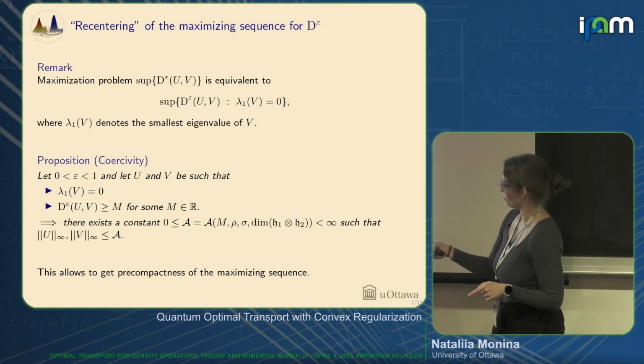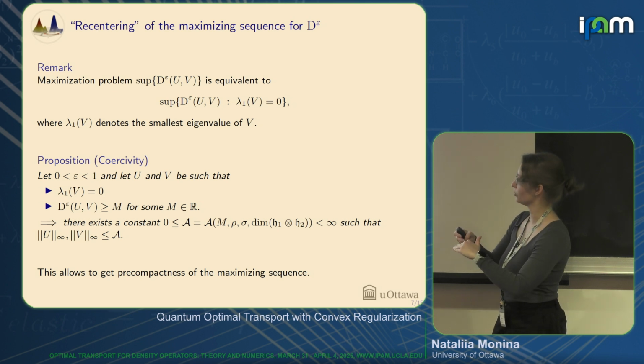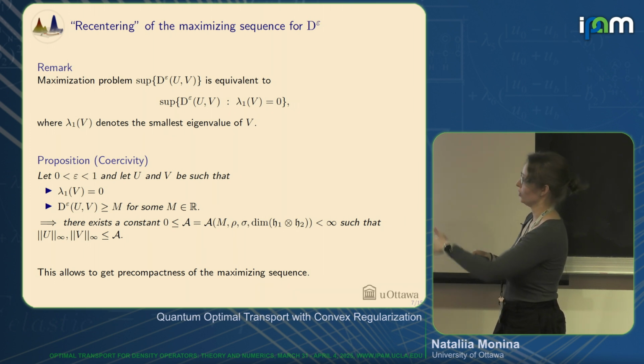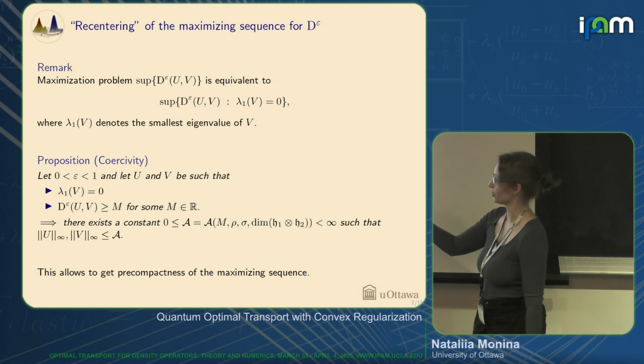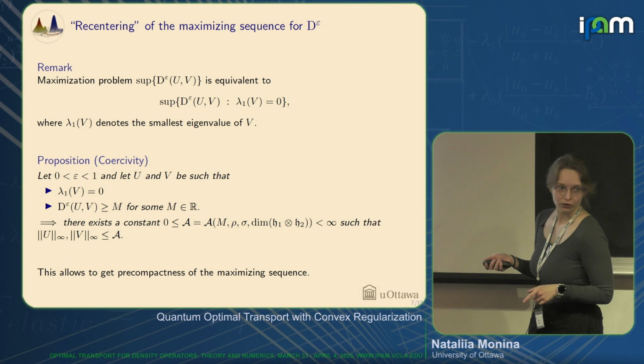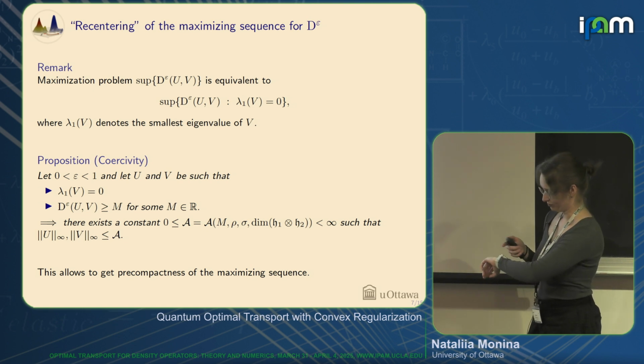And the dimension of h1 times h2 actually pops up only from the fact that we have some lower bound on the function psi. So if the smallest value of psi is 0, then we don't have dependence on the dimension of the space at all, which is pretty nice. Okay, so I hope I'm not moving too fast.